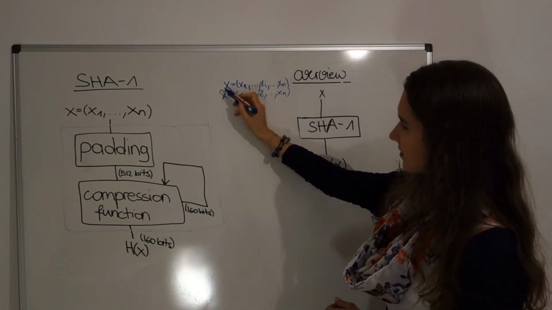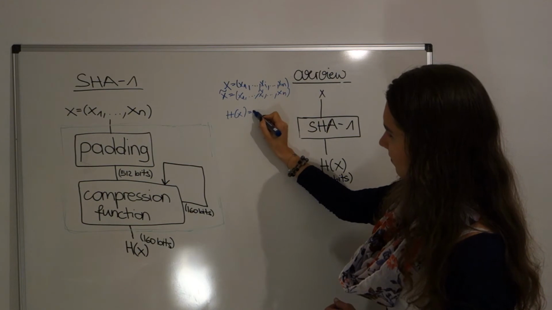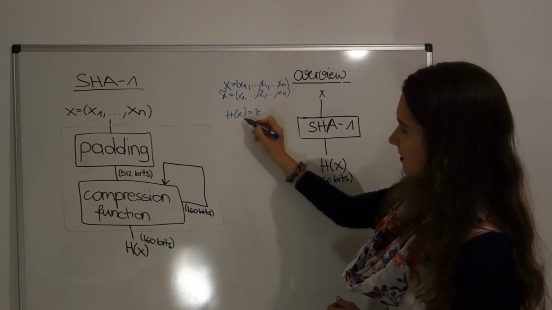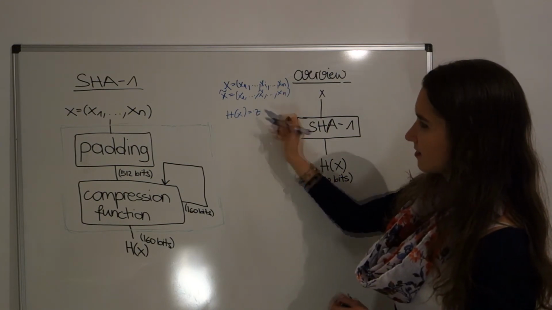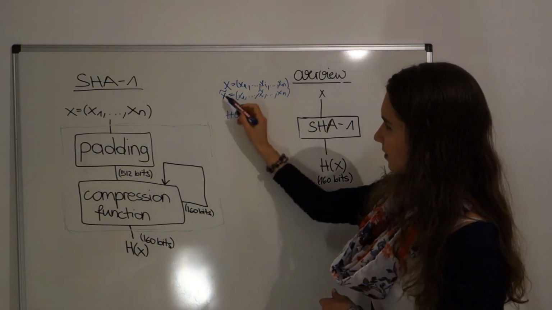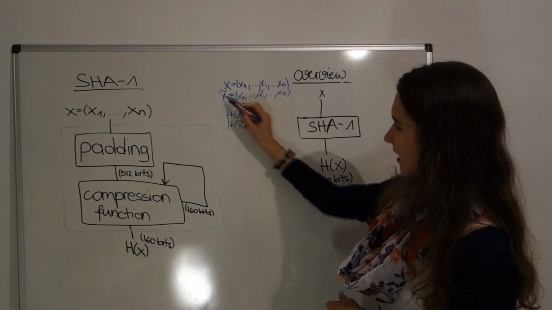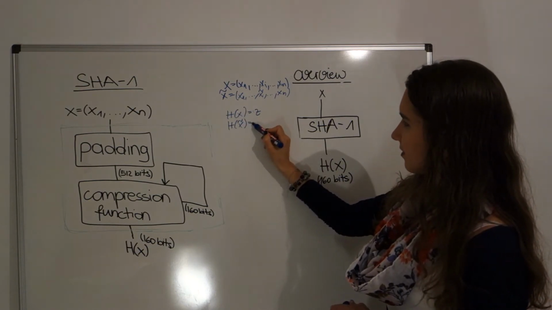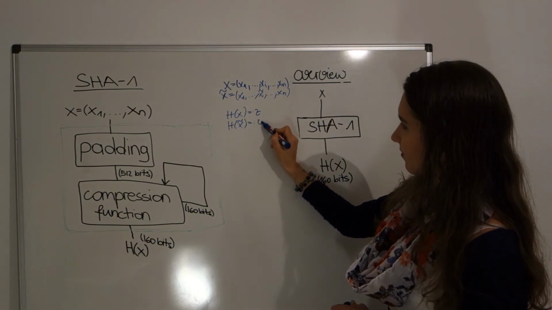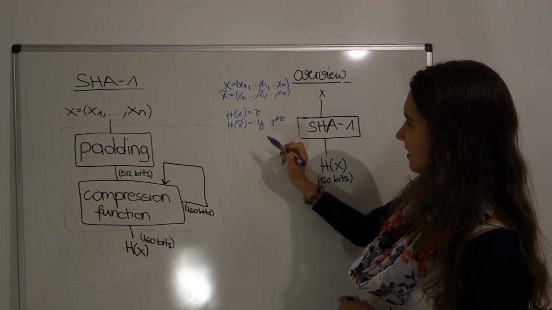Then the hash we get from X, let's say some value Z, should be different from the hash we get from X tilde, which is some value Y, and Y different from Z.